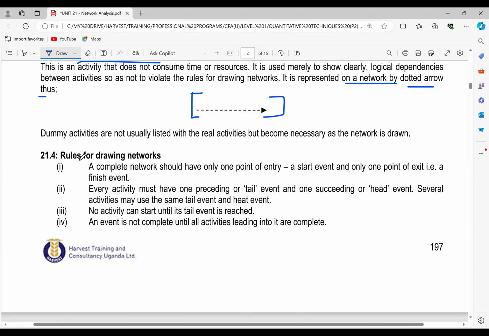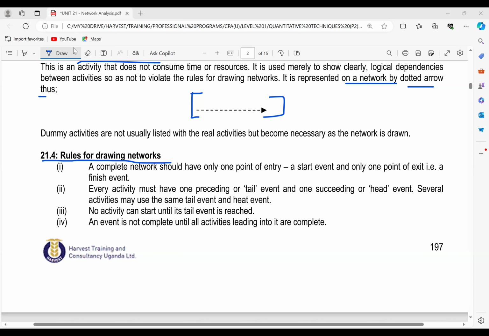Okay, so we have the rules of drawing networks. Number 1, a complete network should have only one point of entry, which is the start event, and only one point of exit, which is the finish event.